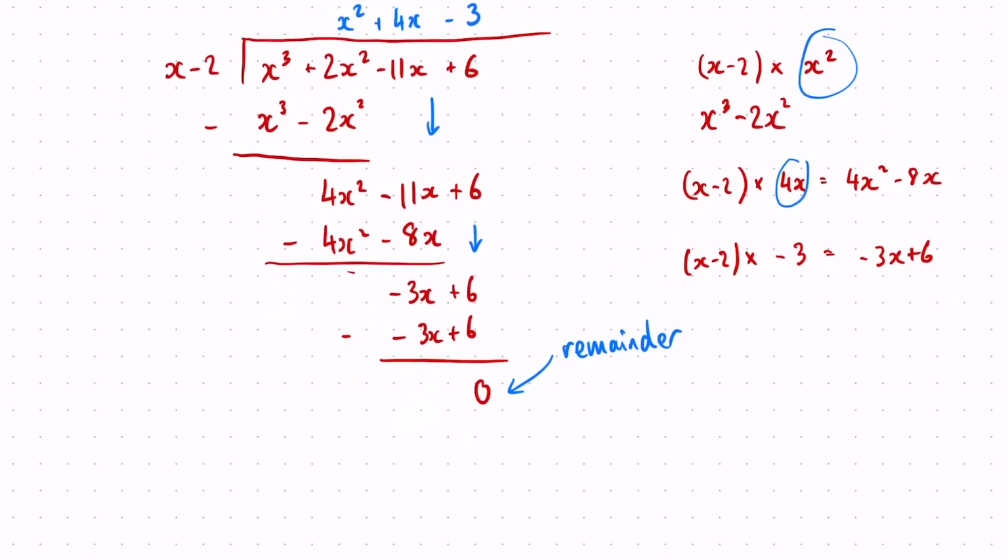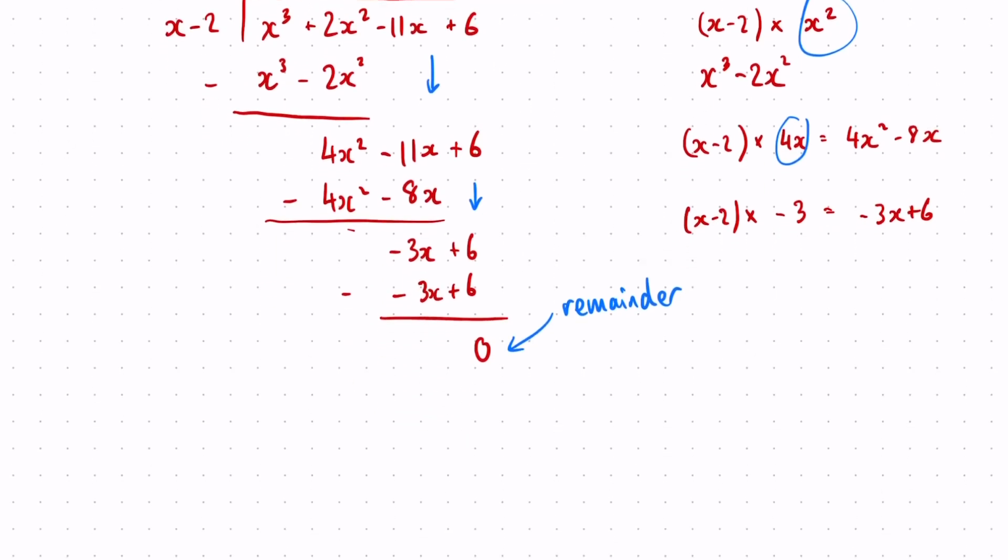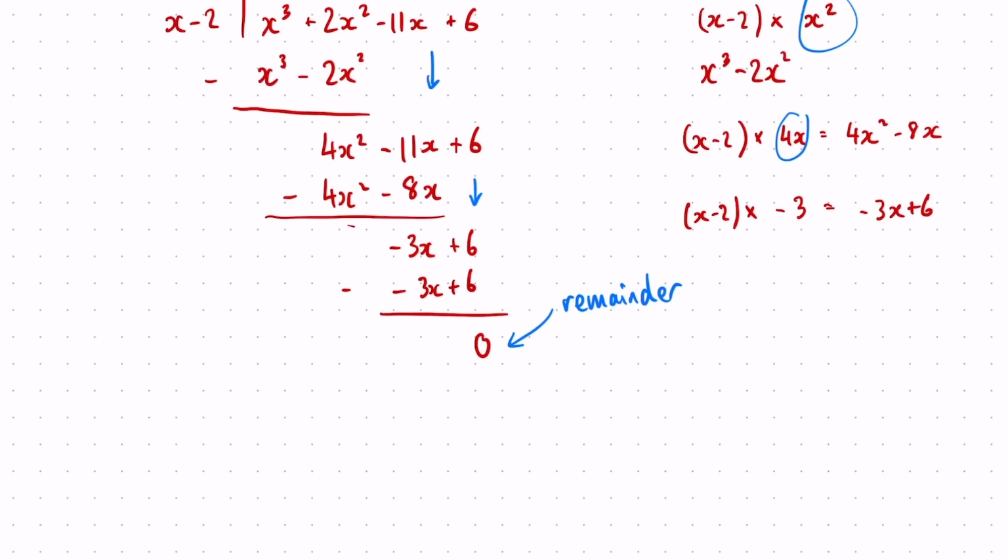Just to give some names to the different parts of this question, what we can say is that our original thing that we had, our x cubed plus 2x squared minus 11x plus 6, is known as the dividend. It's the thing that's being divided.